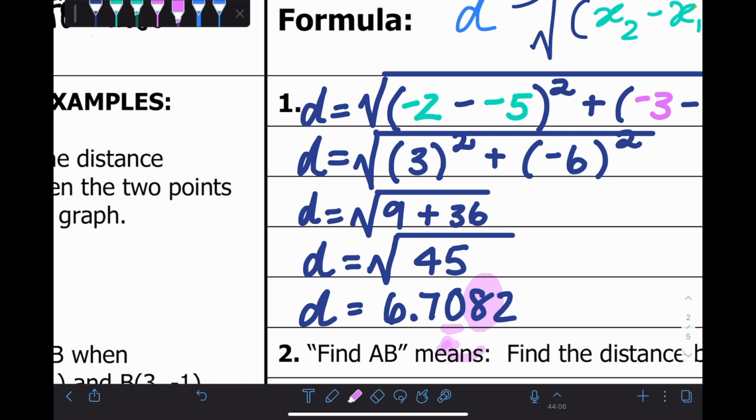So because 8 is greater than 5, I change my 0 to a 1. And that's my final answer. Ta-da! Yay! We did it.